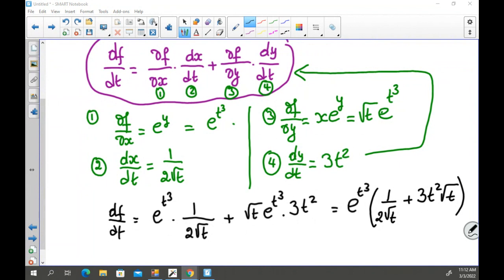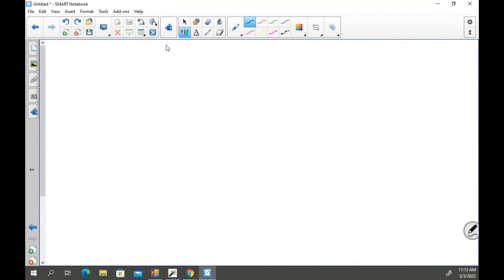I want to find the directional derivative of the function f at the point (1, 4) in the direction of the vector (2, 1). Do you remember how we did this? What was the first step we did?